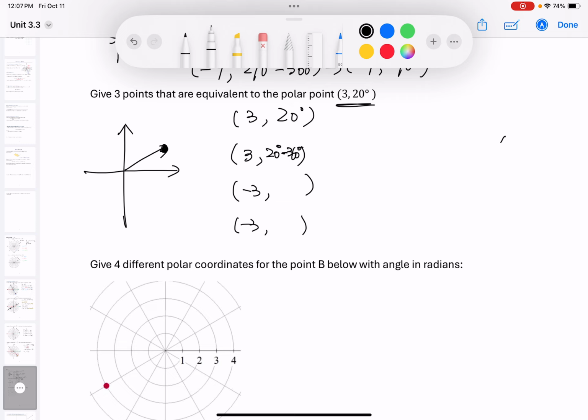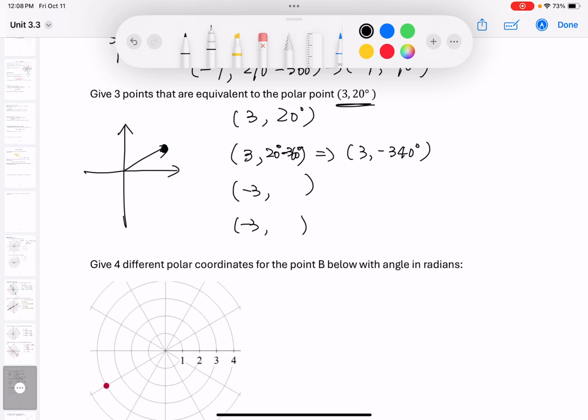If the question says, find the point where theta is greater than or equal to -360 and less than 0, for example, then you must find a negative angle, less than 0 degrees and greater than or equal to -360 degrees. It all depends on the question. Okay, so this point is 3, -340 degrees. Okay, let's see the next point.